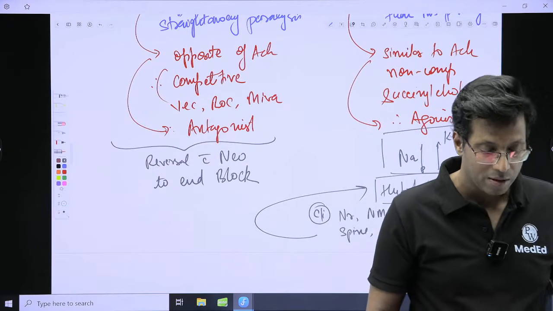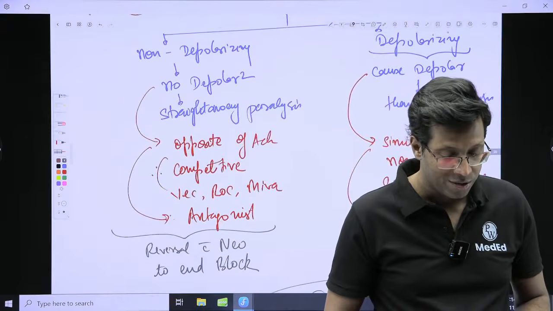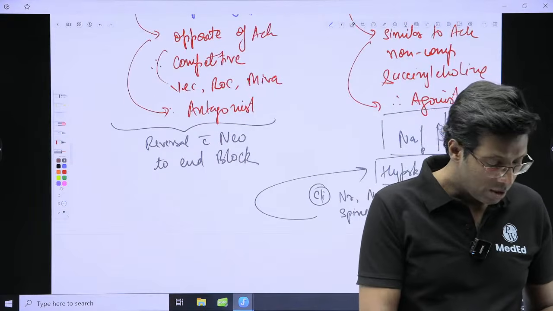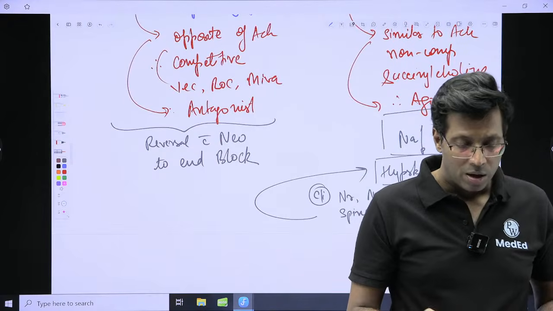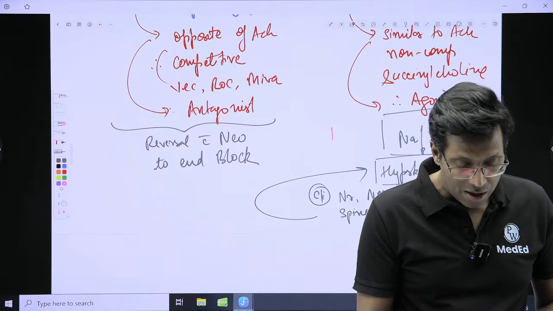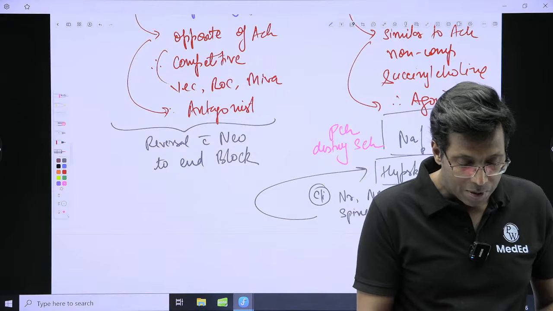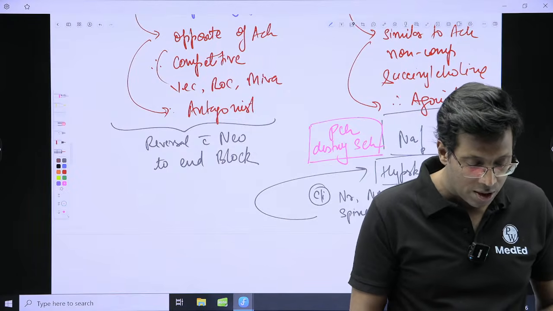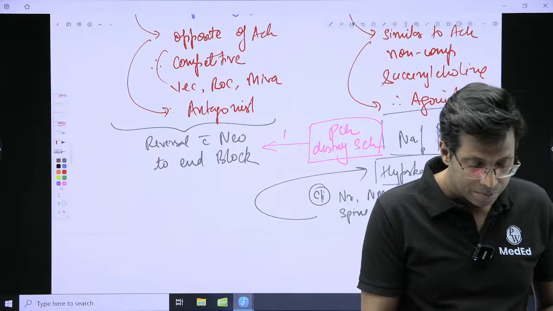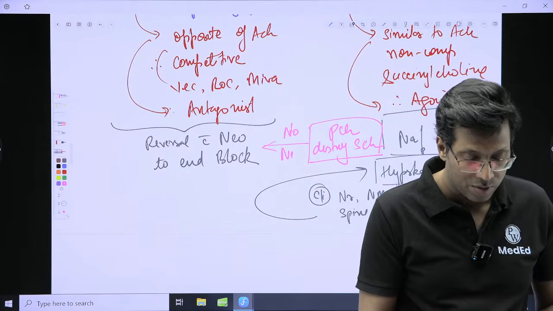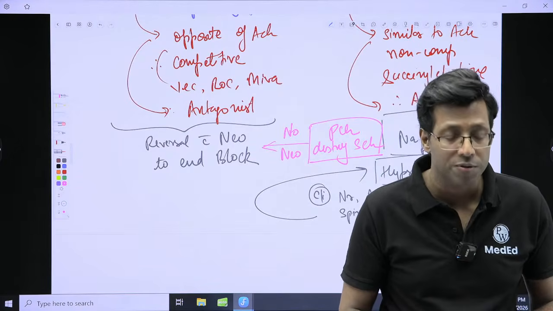But in succinylcholine, you don't have to give neostigmine. Nothing has to be given. Plasma cholinesterase will destroy succinylcholine, so you need no reversal. No neostigmine, no reversal. This is the normal block of succinylcholine.